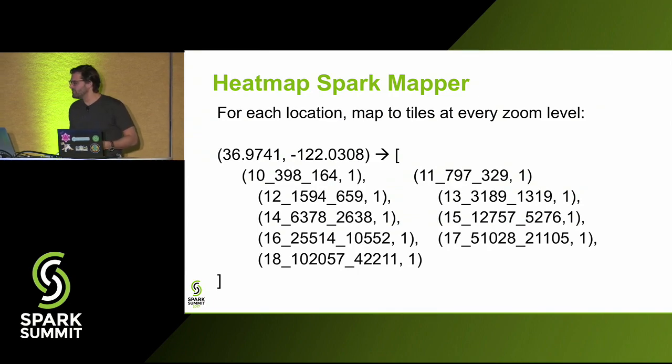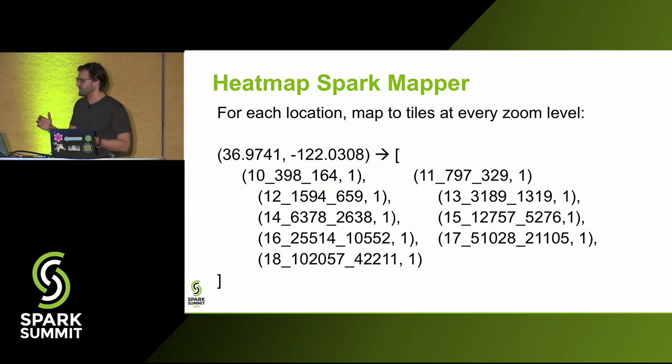So in order to compute our heat map, we use a pretty standard MapReduce algorithm. For every location in the data set, we generate a tile ID key value pair for every zoom level that we want results for. In this example, we have a lat long pair, and the results we're generating are for zoom levels between 10 and 18.